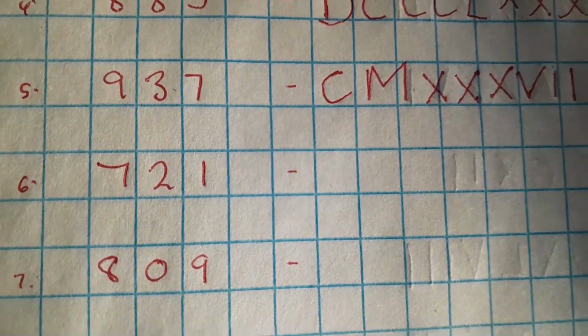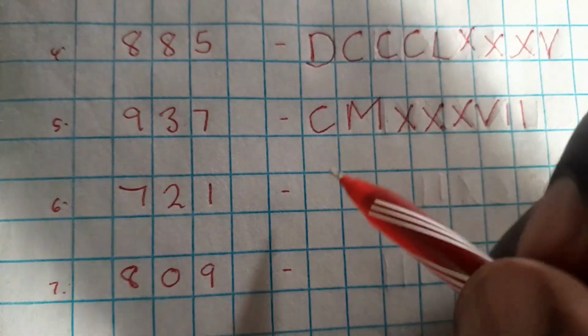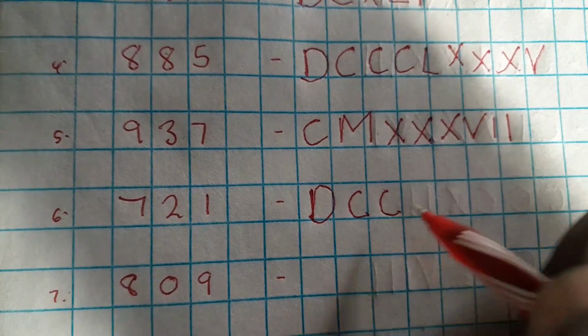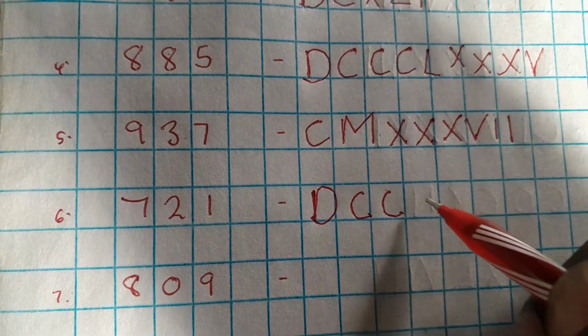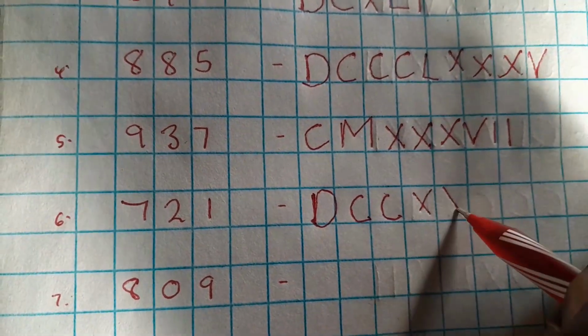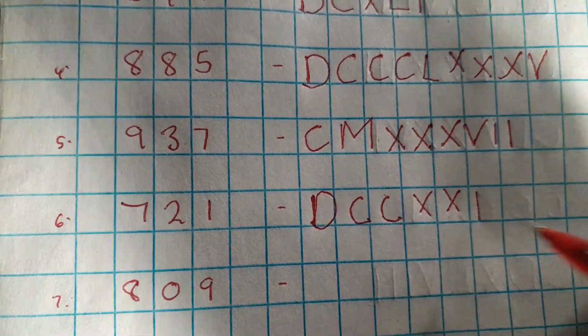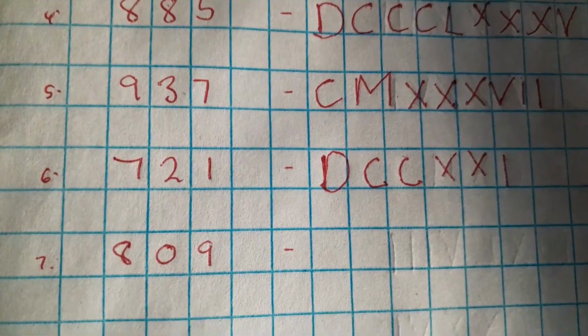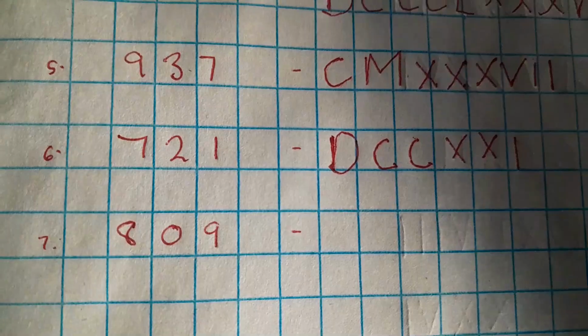Alright, moving on. 721. First write our 700. That's D, C, C. Now let's write 21, X, X, I. 721. We have it.